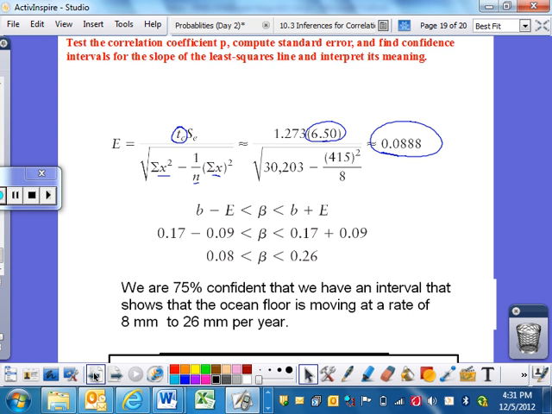You're going to find a confidence interval for Y. You're going to test the slope, the B. And then you're going to find a confidence interval for the slope. So you're tying Chapter 8 and Chapter 9 all together into linear regression and talking about the slope and the correlation coefficient to see if they're significant. Okay? So that's what this section's all about.